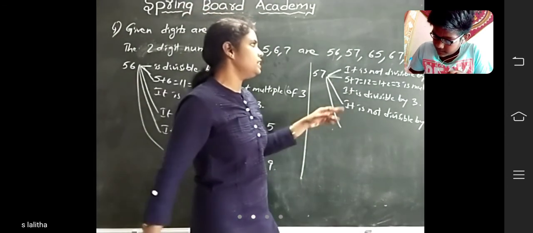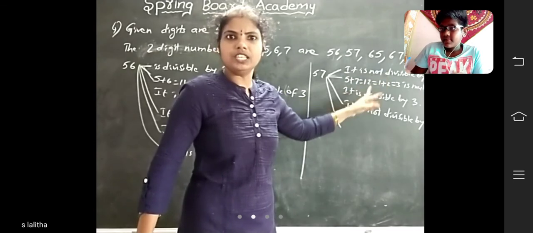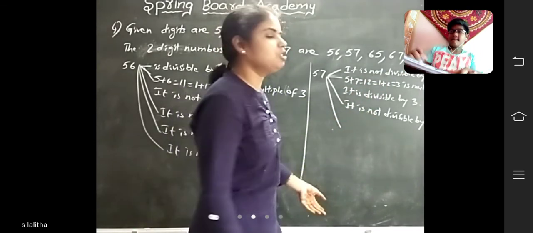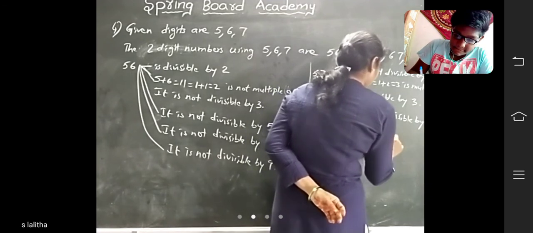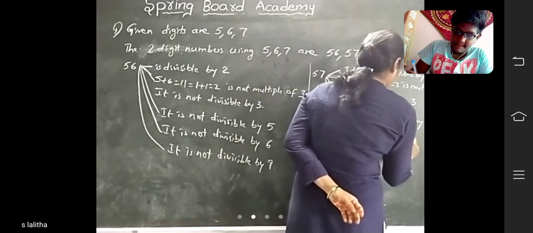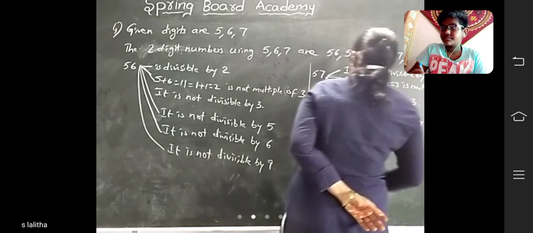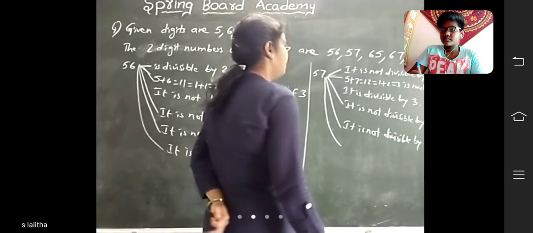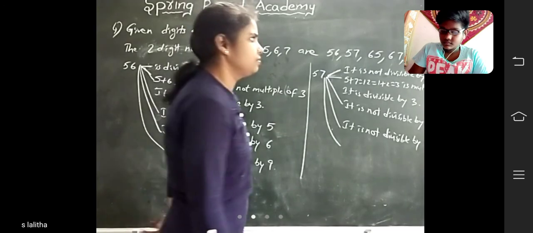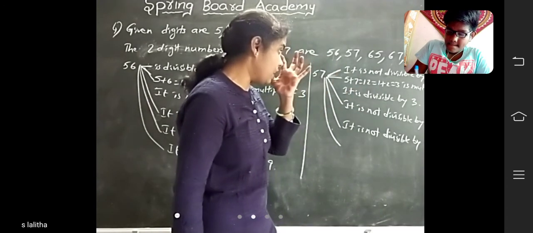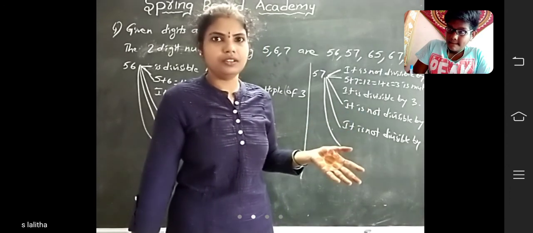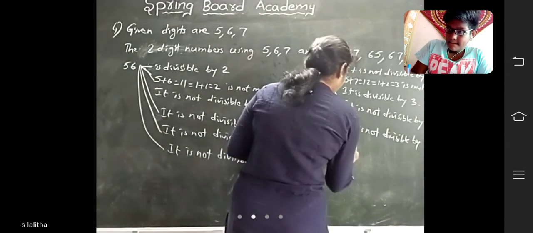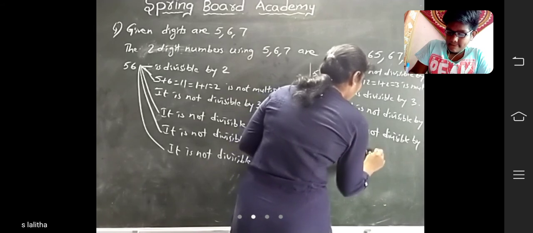No. Why? Because it is not divisible by 2. It is divisible only by 3. So it is not divisible by 6. And next 9. Is it divisible by 9? 5 plus 7, 12. Is 12 divisible by 9? No. So it is not divisible by 9.